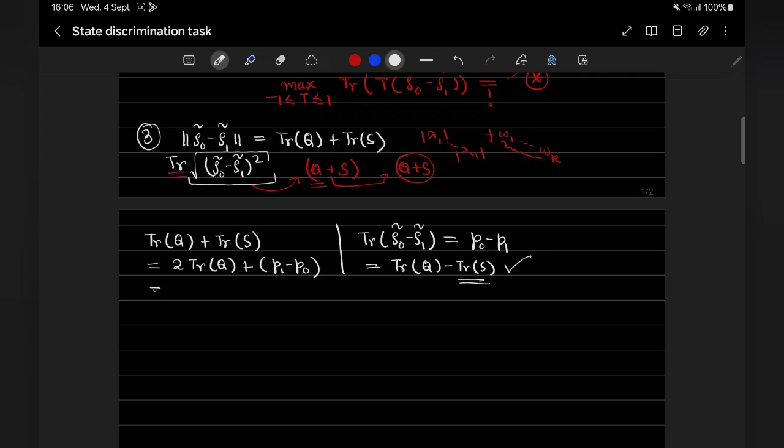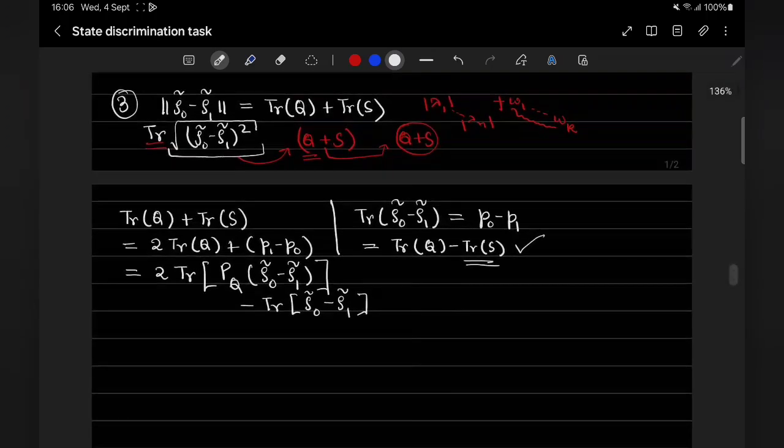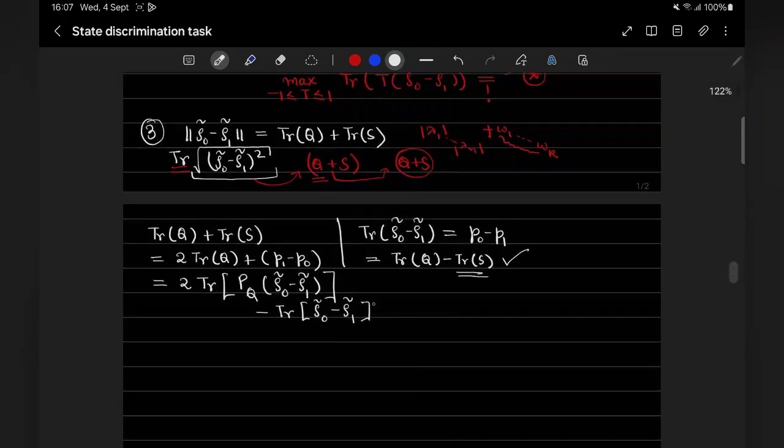Now here comes an important point, that this can be written as 2 times trace of projection onto Q of rho 0 tilde minus rho 1 tilde minus trace of rho 0 tilde minus rho 1 tilde. So this we can write. So let's look into why we can write this.